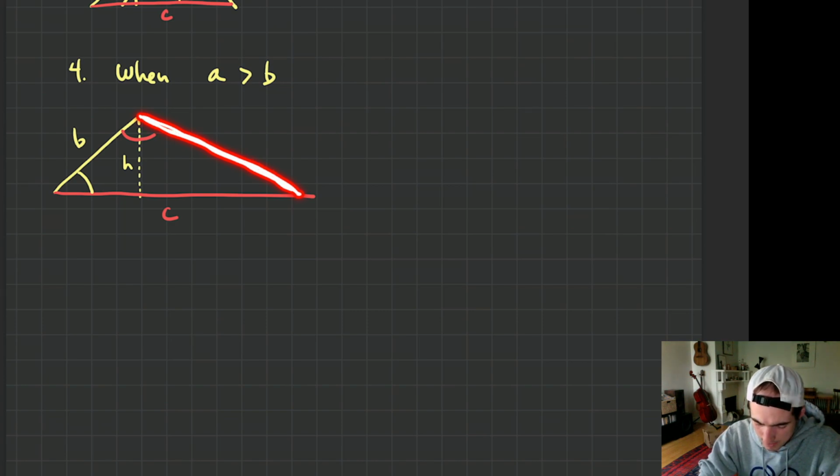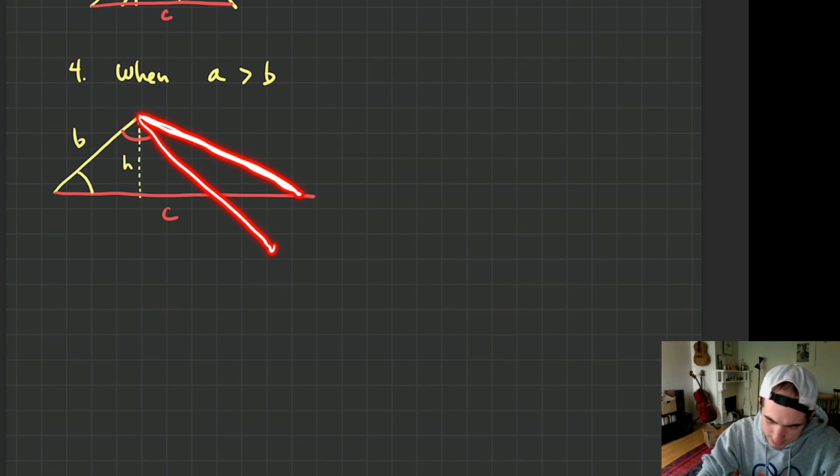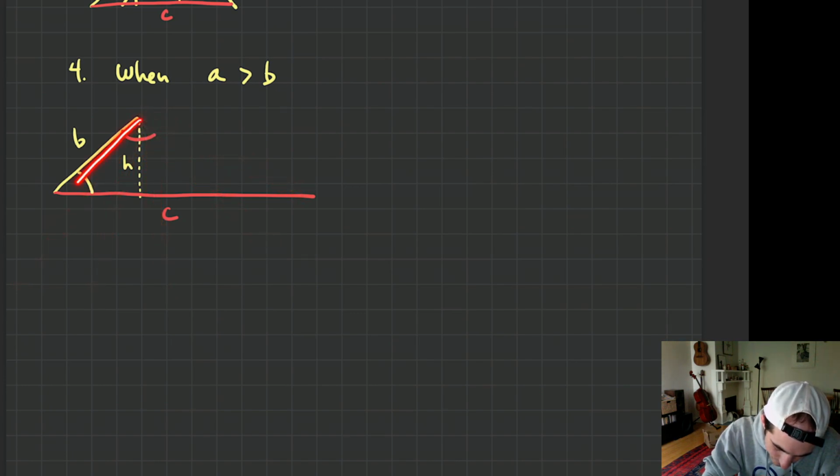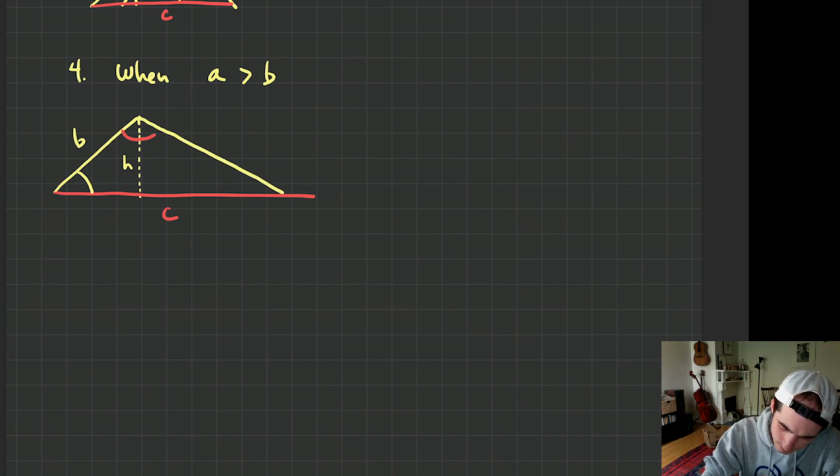Now, you might try to do the same thing and swing this side over to the other side, but if it's bigger than B, then there's no way that we can fit it inside here, right? So it's not actually an ambiguous case. So in this case, when A is bigger than B, we only have one case.